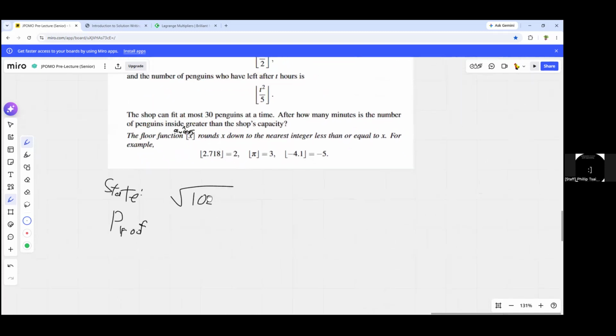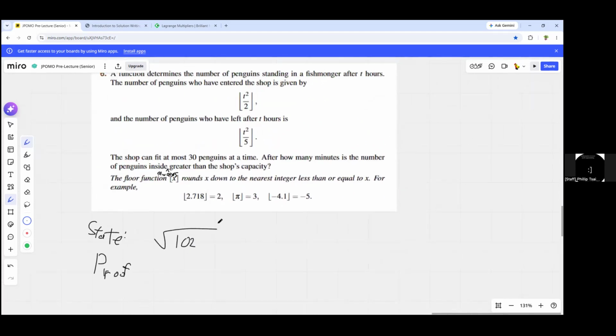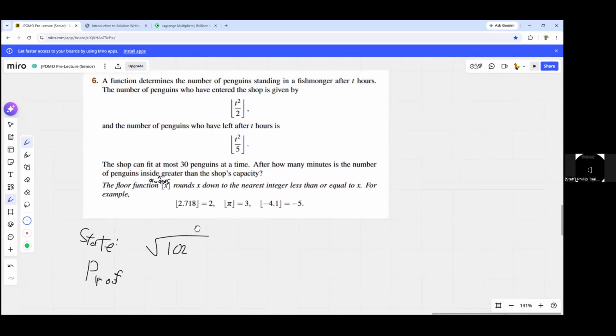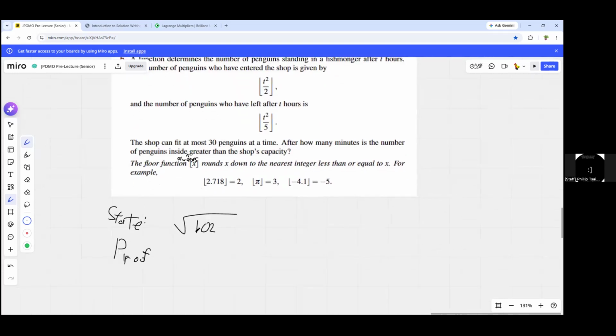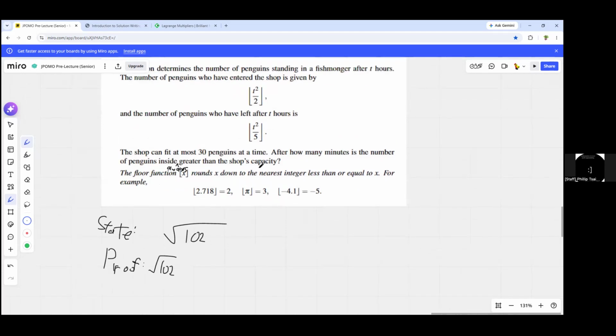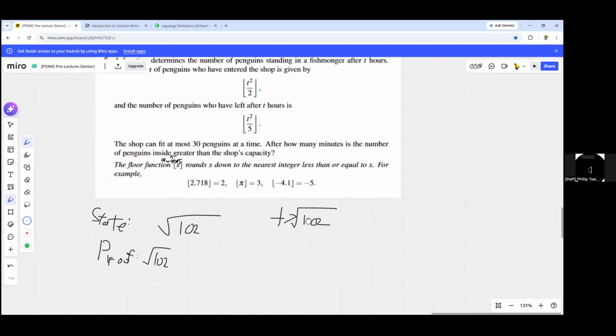So anyways, the proof here is that first we show that the square root of 102 satisfies the condition here. We have to show that for all t greater than 100 square root of 102, the number of penchicks in the shop is greater than 30.